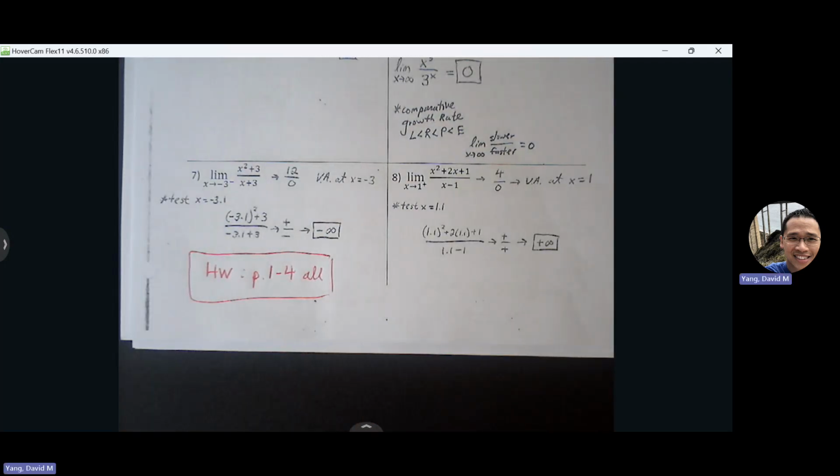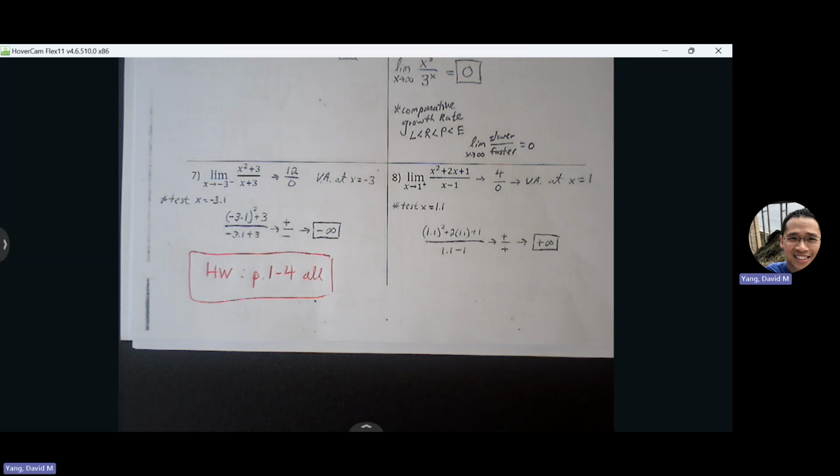Okay, your homework, pages 1 through 4. And if you're getting stuck on any problems as you work through your homework, don't worry about it. We're going to go through every question you have tomorrow. Your test is going to look most like pages 1 through 4. I included some additional pages for you to practice, but pages 1 through 4 are your best representation of what your test will look like on Friday.